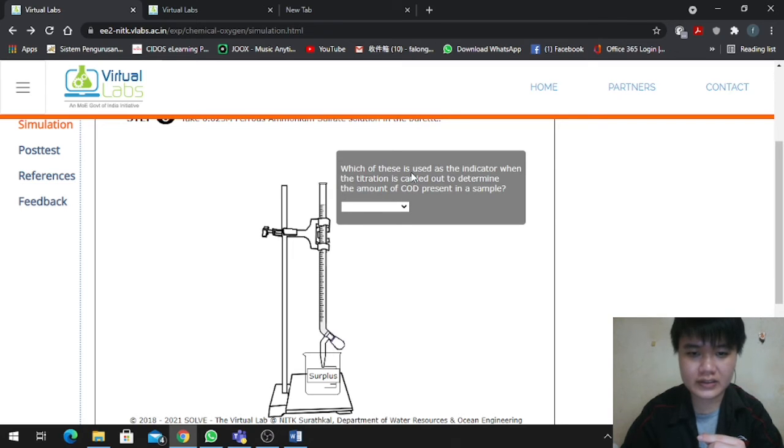Which of the following is used as the indicator when the titration is carried out to determine the amount of COD present in a sample? Ferroin.